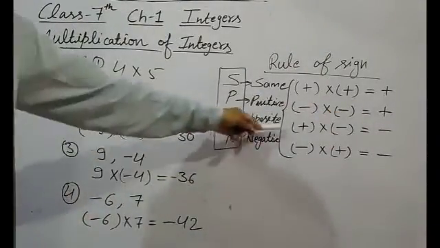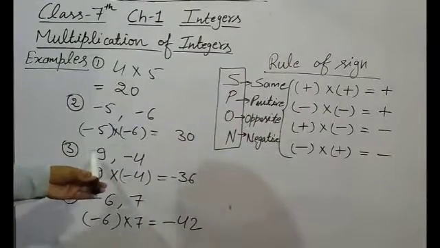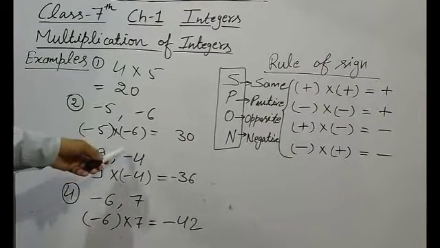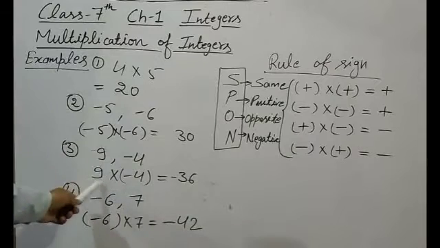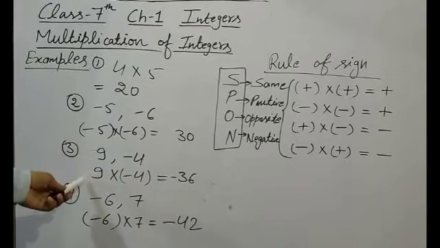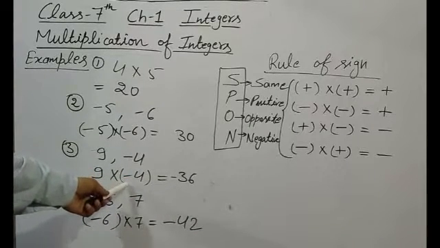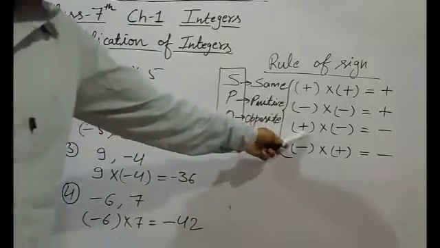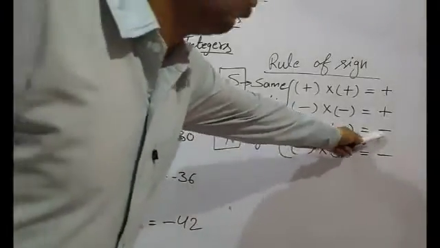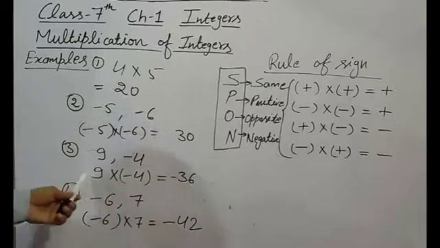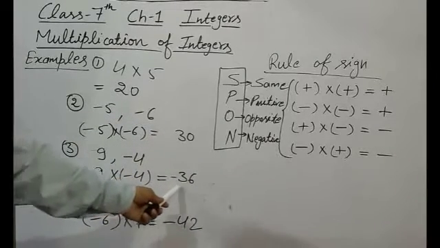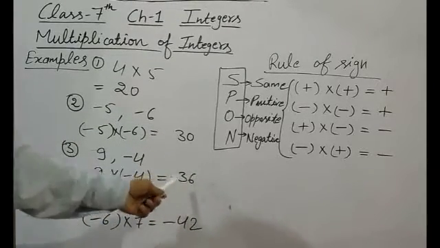And we take another example, one positive integer and one negative integer. After multiply we get 9 times 4 is 36. One integer is positive and one integer is negative, so plus multiply minus is equal to minus. So we put the sign of minus. So 9 multiply minus 4 is equal to minus 36. This is a negative integer.